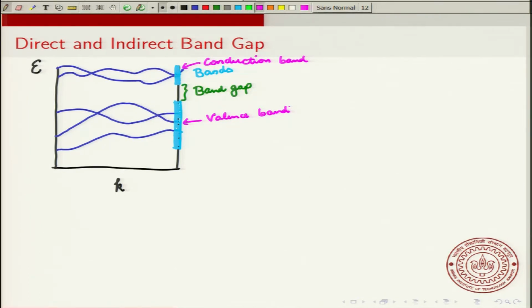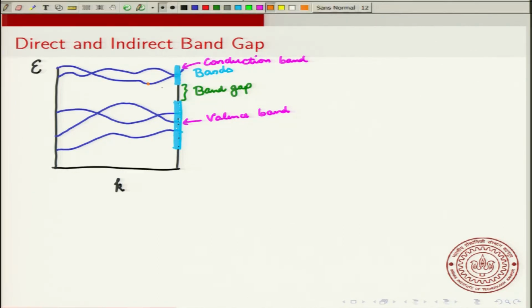Typically, this is a very common feature of the structure of a lot of materials. Now, we will not go into the details of why this is called valence band and why this is called conduction band, but essentially these materials typically have some band gap, and there is a conduction band and a valence band. This point is the lowest energy in the conduction band.